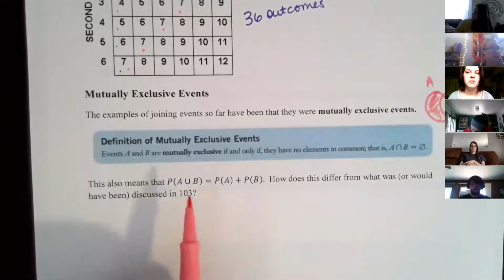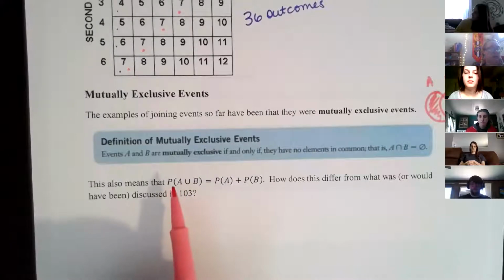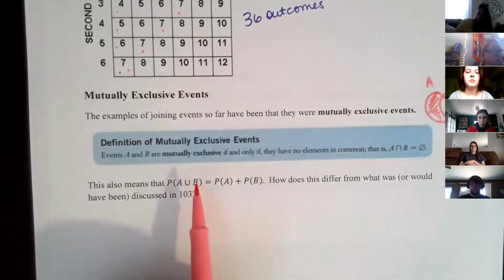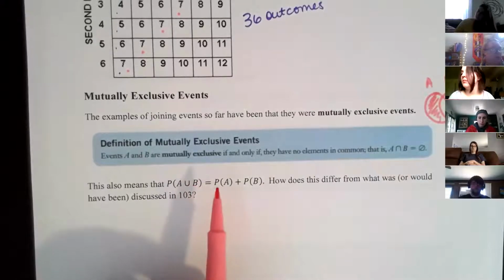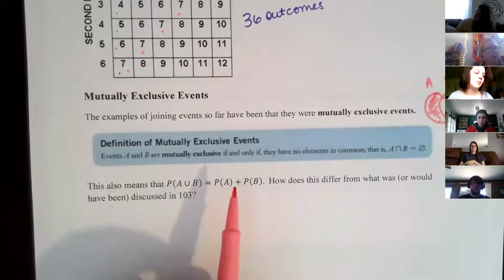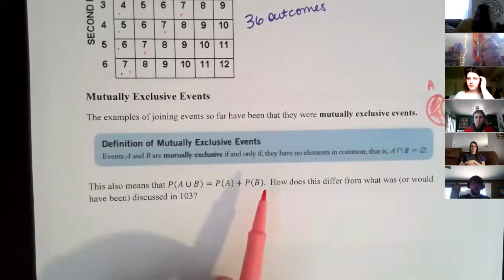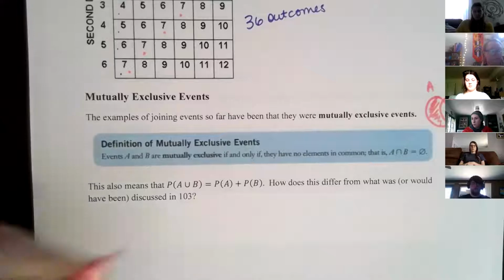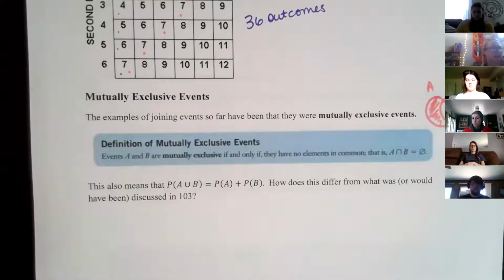This also means that if I took the probability of event A happening or event B happening, this would be equal to the probability of A happening plus the probability of B happening. So for those of us who took 103, what was the property that we talked about before? This is slightly different than the formula we talked about.